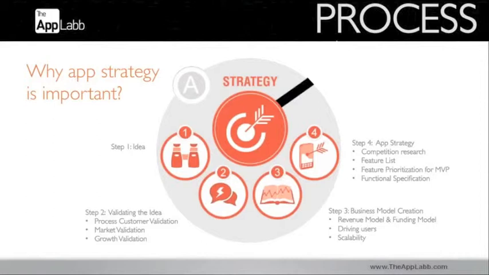You need to know what your app is supposed to look like, and how it's supposed to function, before you invest your money and energy in actually doing the development. So again, I would reiterate, the strategy is really important. You have to plan what you need to do before you actually do it.